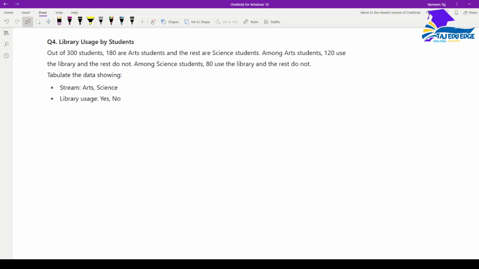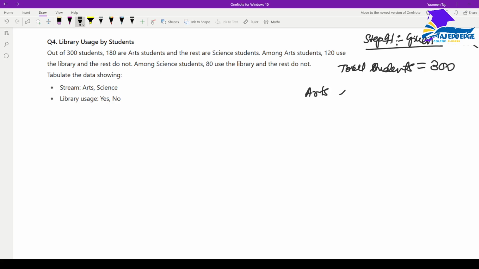Let's solve it step by step, like we have already solved 3 problems. So step 1, given data. What data have they given? They are saying total students are 300. Out of that, arts students are 180.